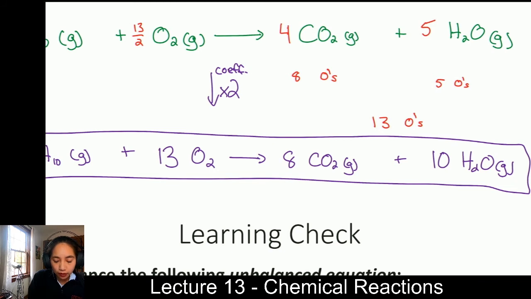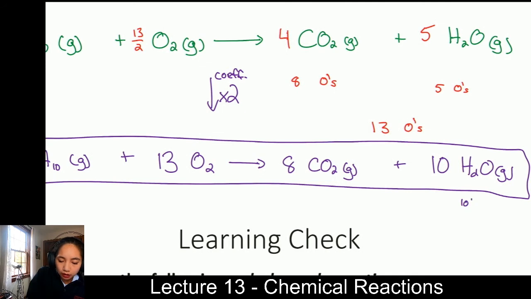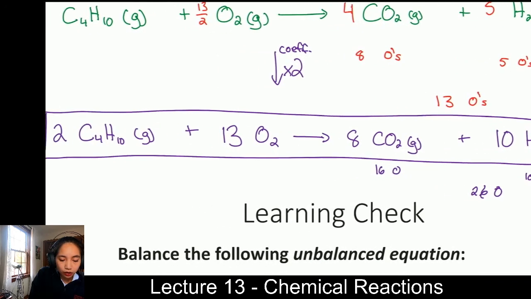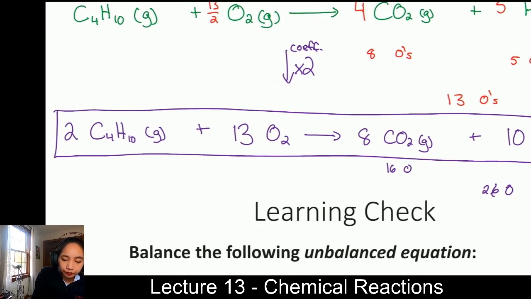Finally, oxygen. There's 10 oxygens coming from water, and then there's 16 oxygens coming from CO2. So together that's 26 oxygens. And then if we take a look on our reactant side, 13 O2 molecules. Ooh, I forgot that that's a gas. There are also 26 oxygens. All right, so we're all balanced.